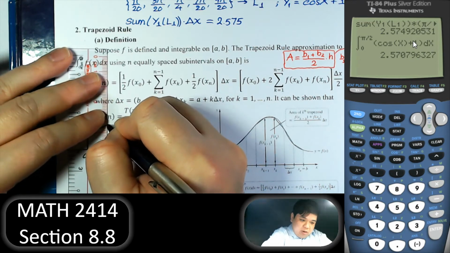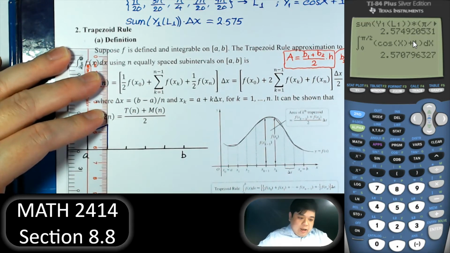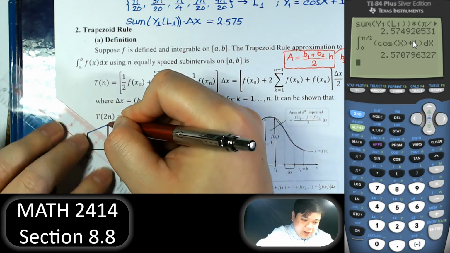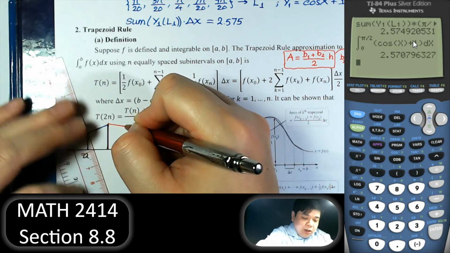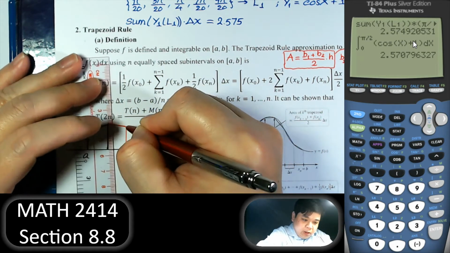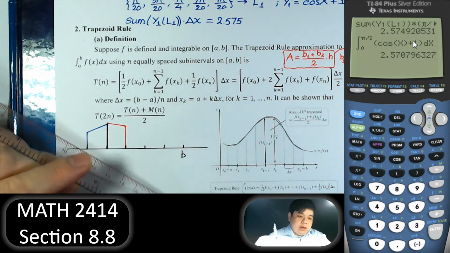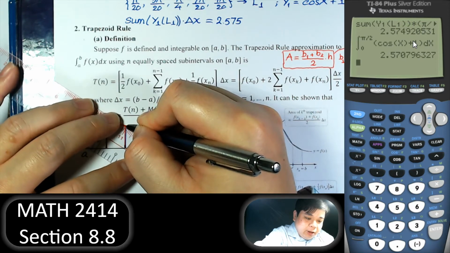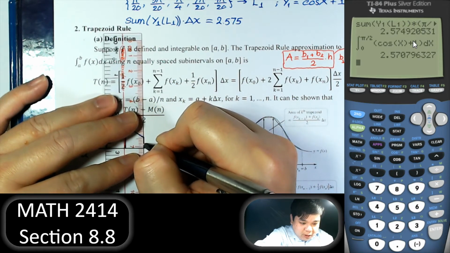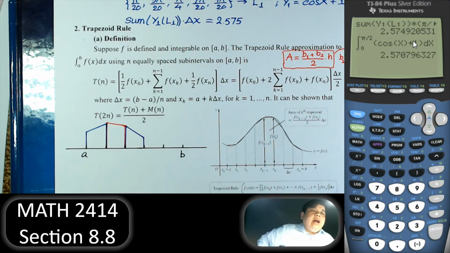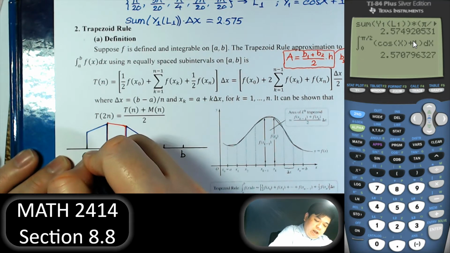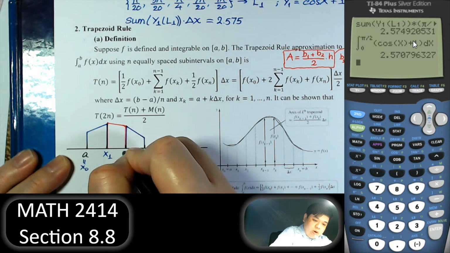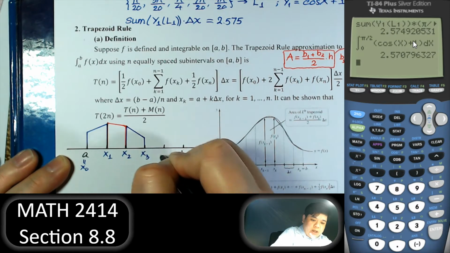Let's say that is the first trapezoid. And then we draw the second one. And then the third one. So, now think about this. Let this be A or X naught. X1 is the first endpoint, X2 is the second endpoint, X3, and so on.